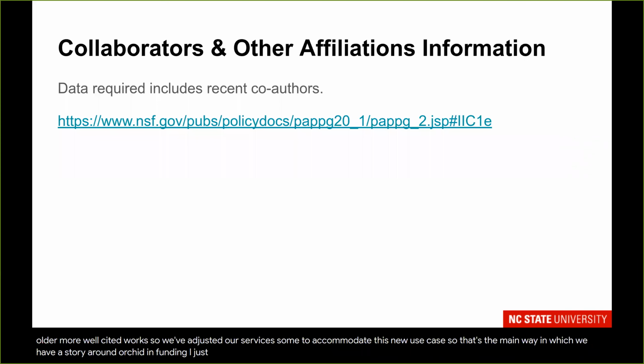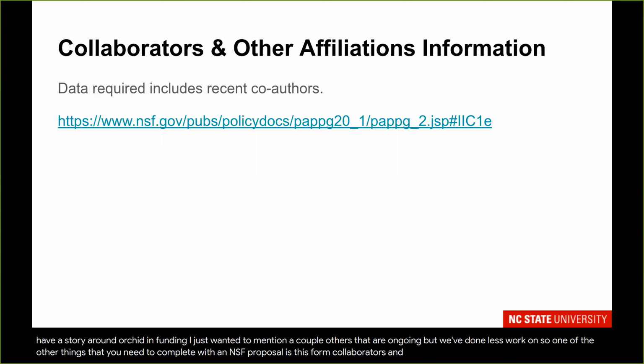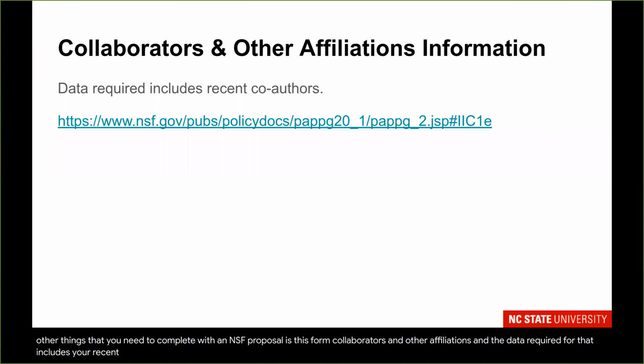I just wanted to mention a couple others that are ongoing, but we've done less work on. So one of the other things that you need to complete with an NSF proposal is this form, collaborators and other affiliations. And the data required for that includes your recent co-authors.